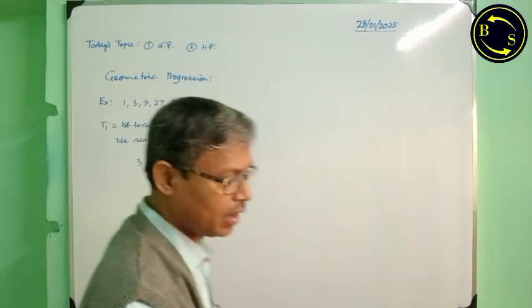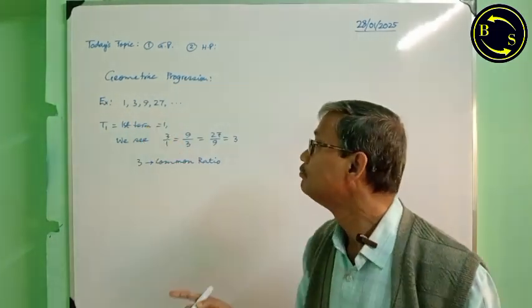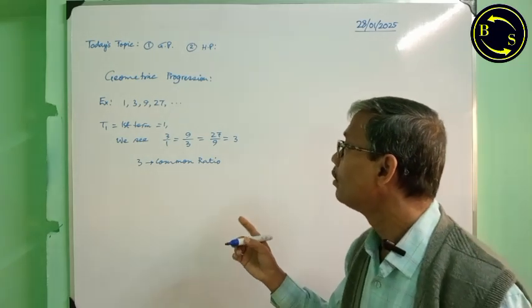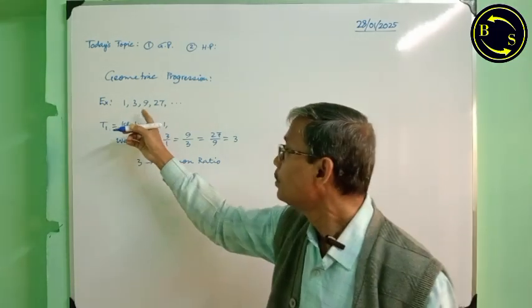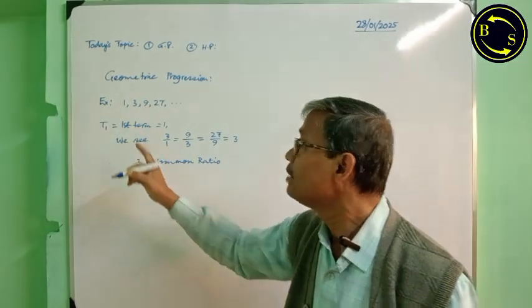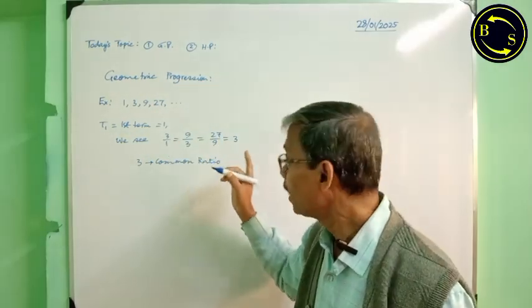That means a term is constant multiple of the preceding term. 3 is 3 times of 1, 9 is 3 times of 3, 27 is 3 times of 9.